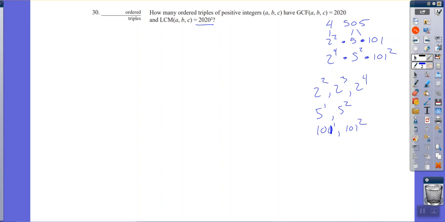So what I'm thinking right now is, for this number to work, I'm going to have at least one exponent that is the largest of its kind, and at least one that is the least for each of my numbers. So again, we're talking about 3 numbers, A, B, and C.